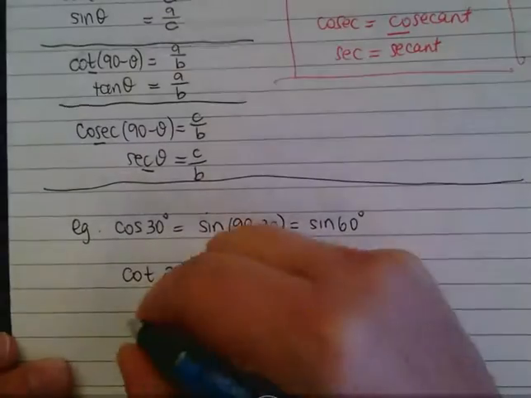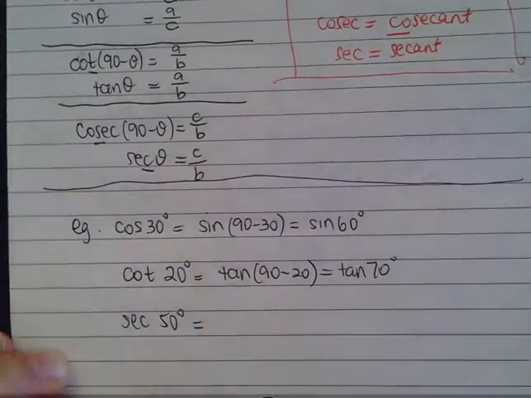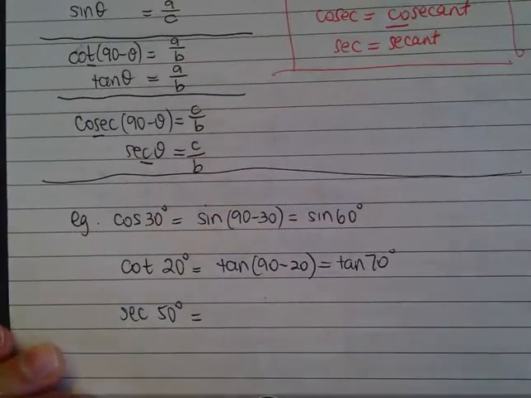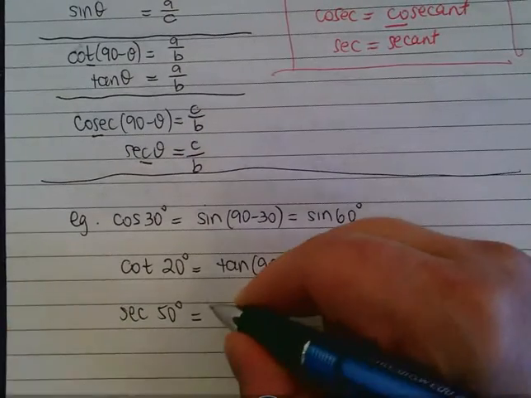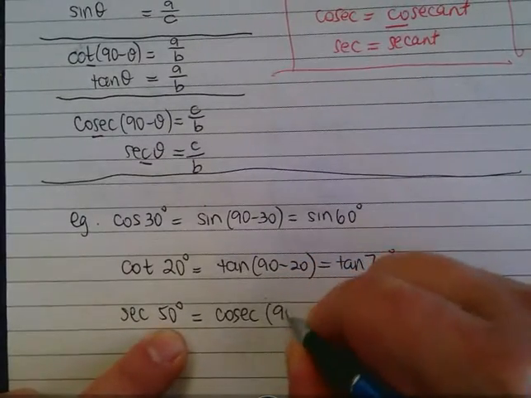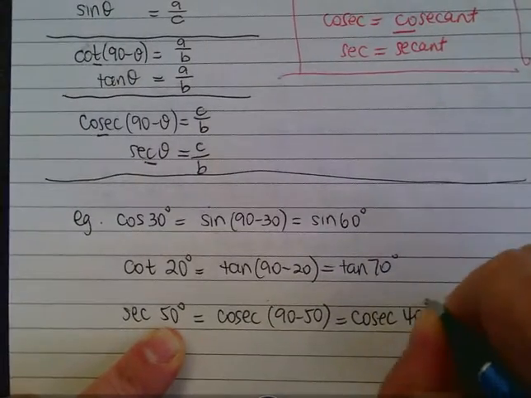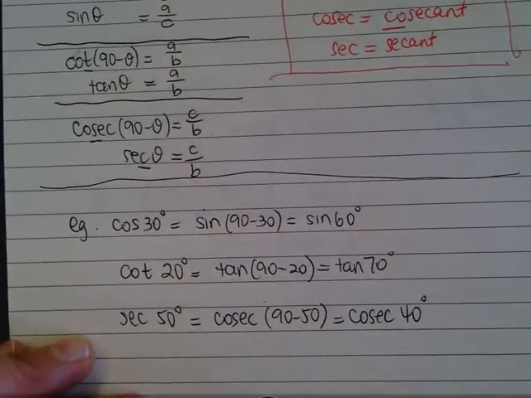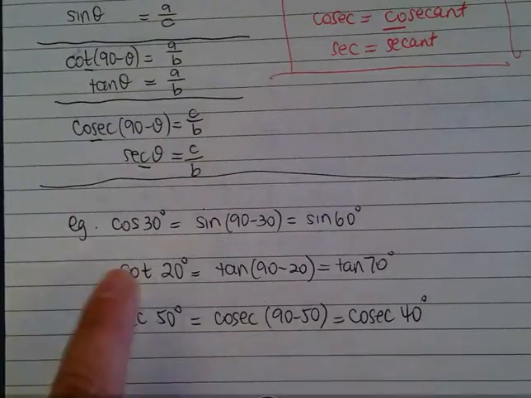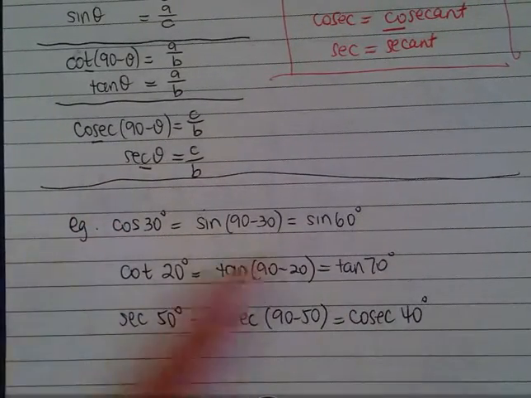Complement. And sec of, let's say, 50, what's its partner? Sec and cosec. No, you're thinking reciprocal. It's cosec 40. That's how the complementary ones work, because sec goes with cosec, cot goes with tan, and cos, which is cosine, goes with sine.